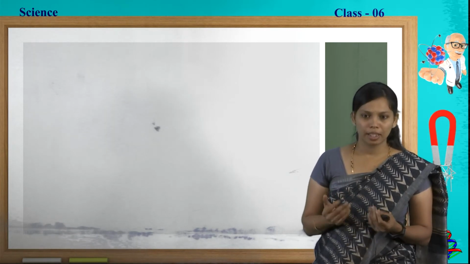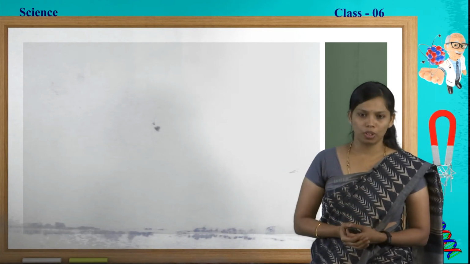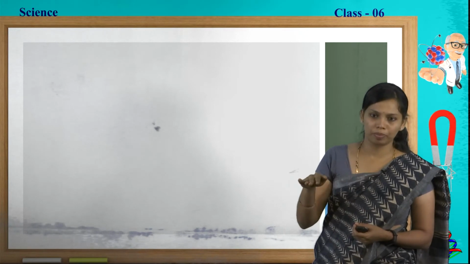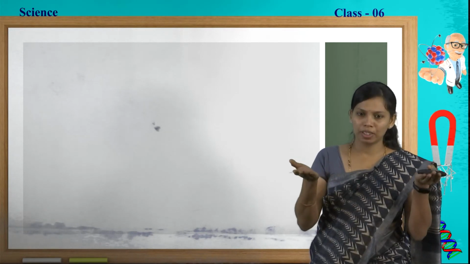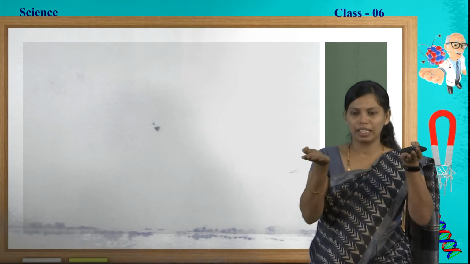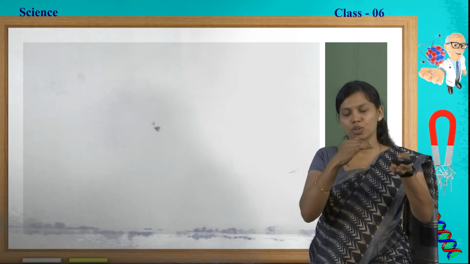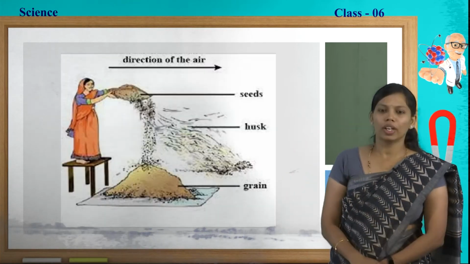Now take that plate and carry it to the open ground. Stand on a high platform and keep the plate at your shoulder height and keep it a little bit tilted so that the particles can slide down easily. Look at the picture now.